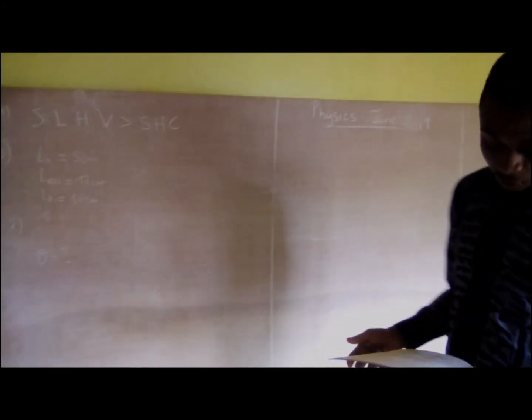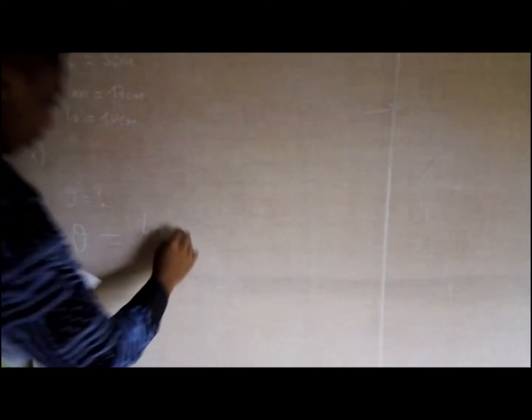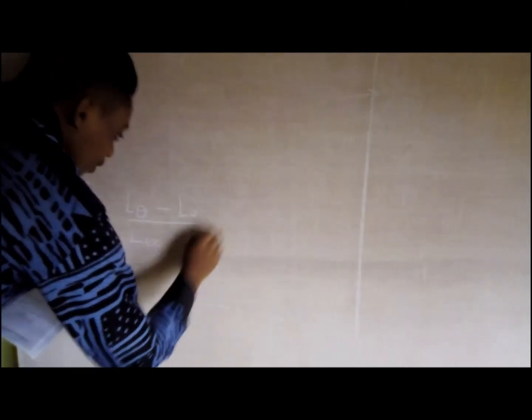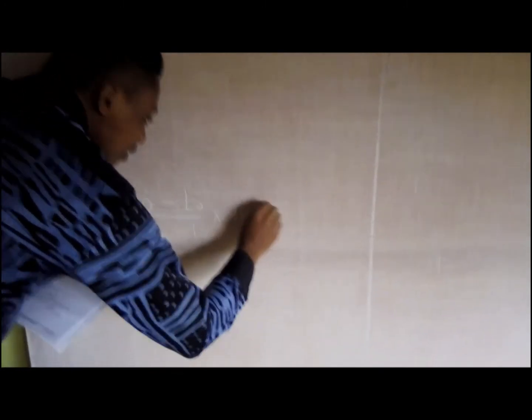The formula is easy. Theta is just equal to the length at theta minus L0 divided by the length at 100 minus L0 times 100 degrees.